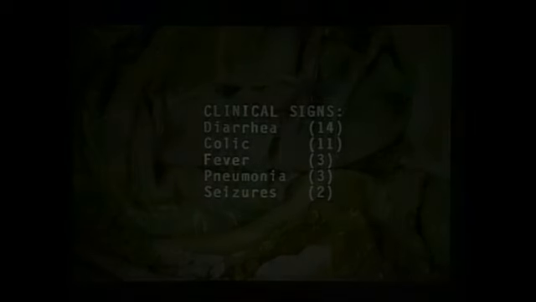Okay, I would like to continue with gastroduodenal ulcer disease as it affects the foal. The first slide depicts the clinical signs that can be appreciated if such an animal is involved.